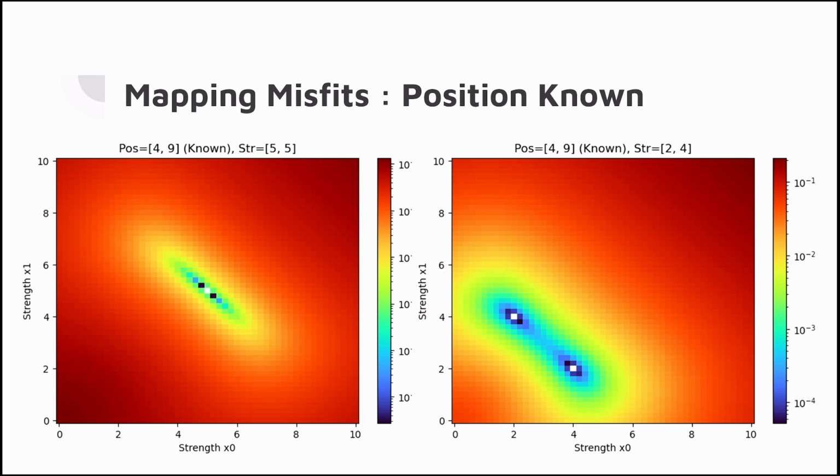In this particular example here, we are allowing positions to be known exactly. So we're just cheating a small bit to limit the amount of information we need. And on these axes, we are plotting the results for the strength of each delta changing. So we see on the left that the position is known and the strength, we have the same strength for each delta.